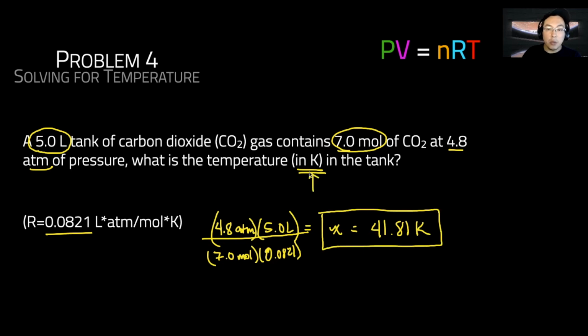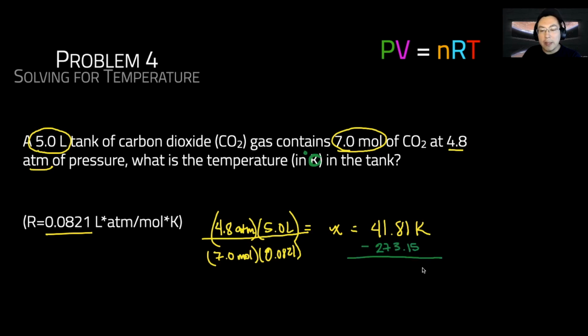Now, let's assume that our problem was asking for the temperature in Celsius, right? So the next step, once we find out the temperature in Kelvin, this is not going to be our final answer. To this, now we need to subtract 273.15. Remember, this is our standard temperature.